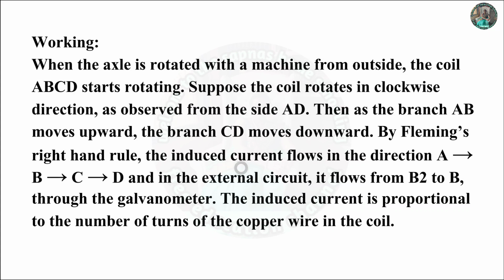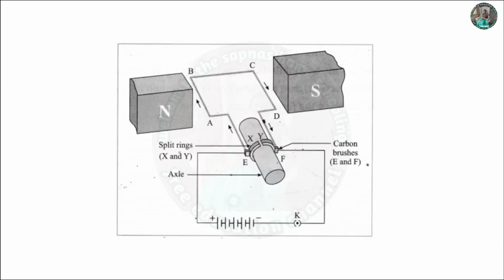The induced current flows in the direction A to B to C to D, and in the external circuit it flows from B2 to B1 through the galvanometer. The induced current is proportional to the number of turns of the copper wire in the coil. Okay, see the diagram.